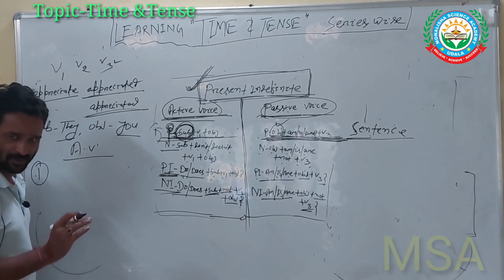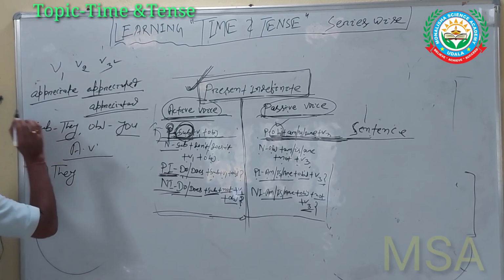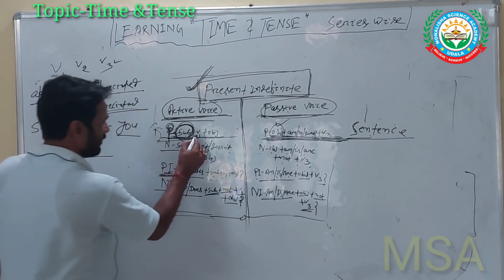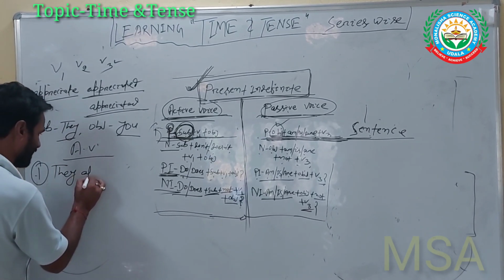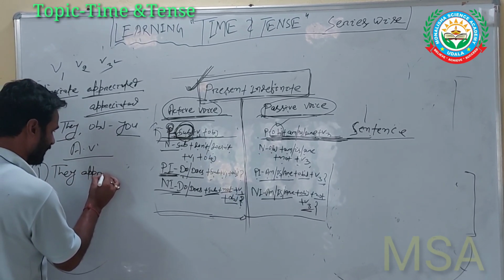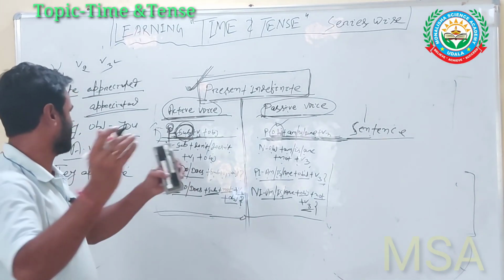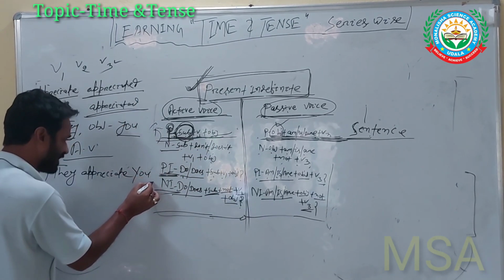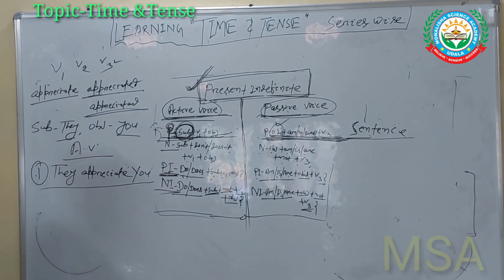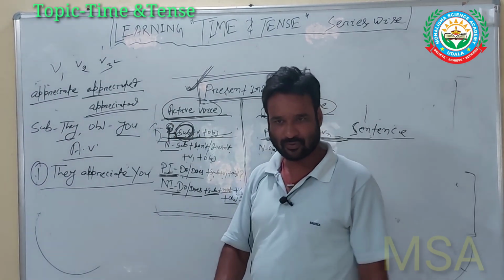The first is they, next comes V1, appreciate, next comes the object, you. The sentence thus formed is they appreciate you, right?